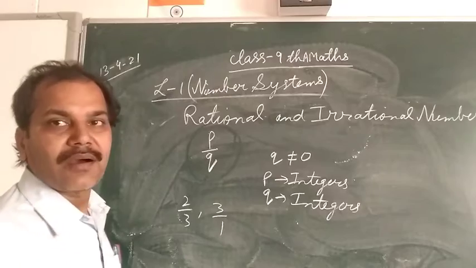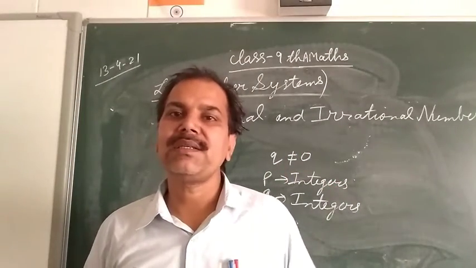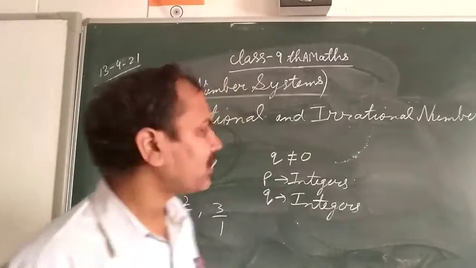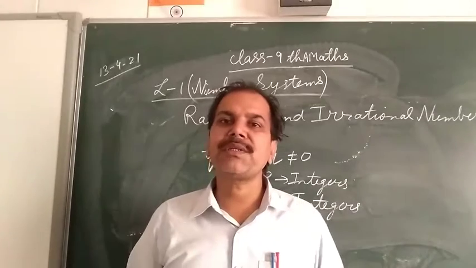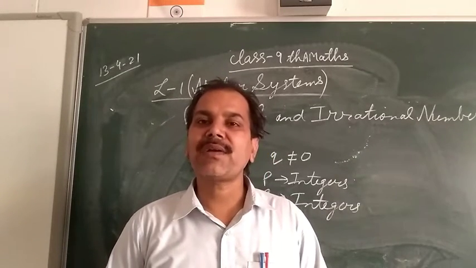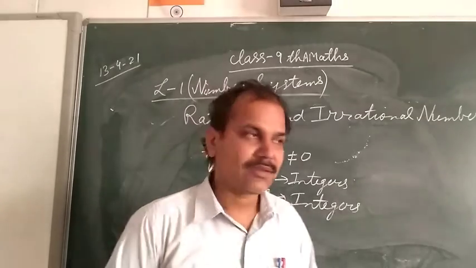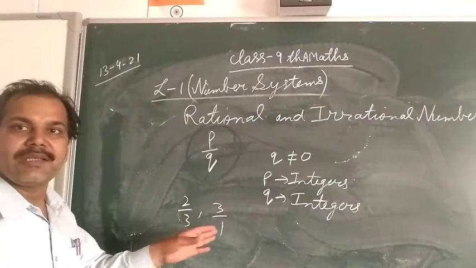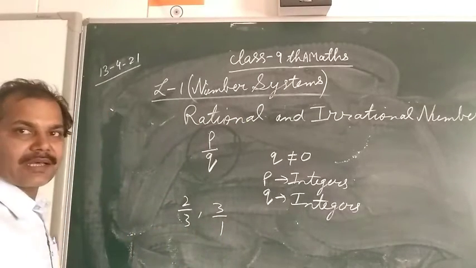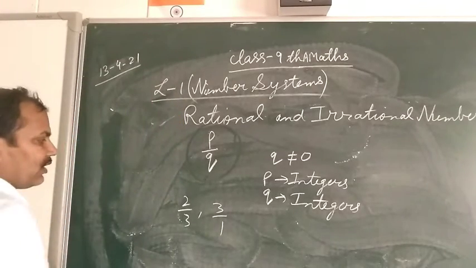But rational numbers are not all integers. All integers are rational numbers, because integers you can represent in the form p by q, but rational numbers you cannot represent without a denominator. In an integer there is only a numerator, that is, a rational number without denominator is an integer.